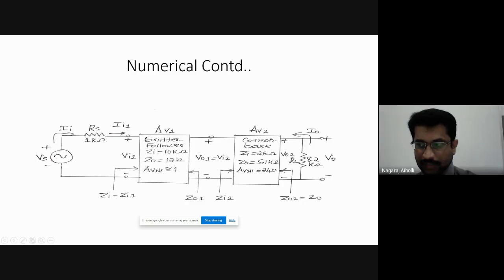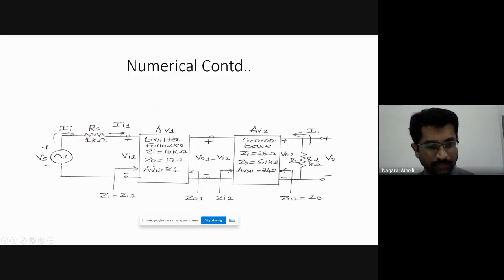Okay. Next, what about R0? R0 is nothing but Z01. That is the output impedance of the emitter follower. That is nothing but R0, the output resistance or the output impedance. Note down, R0 is equal to Z01.